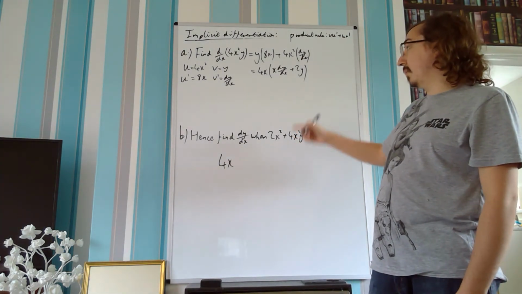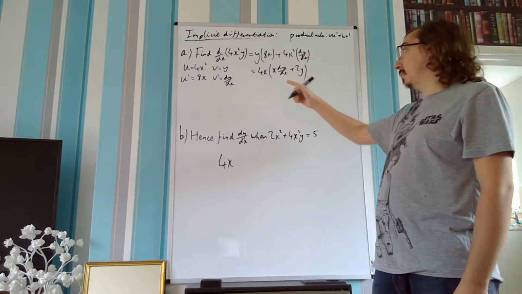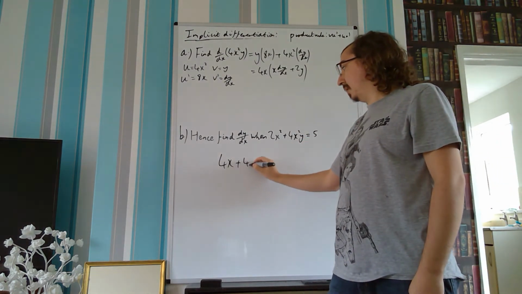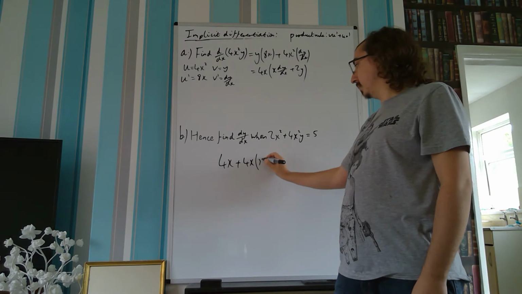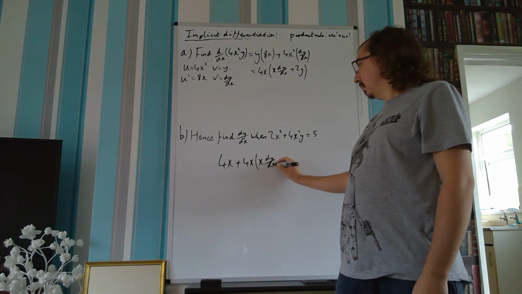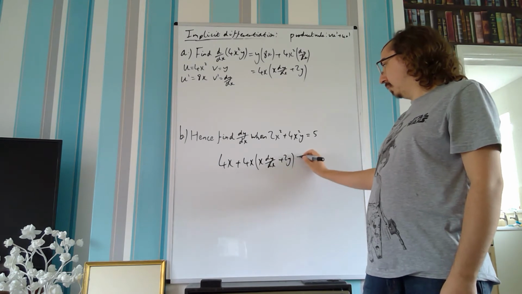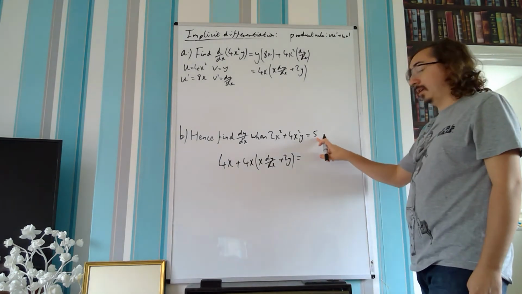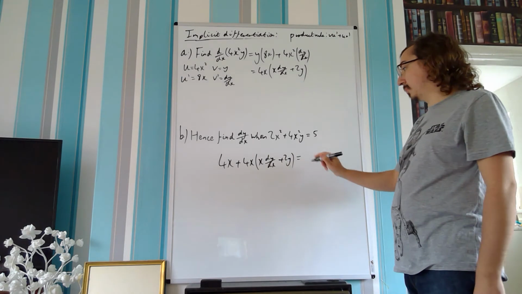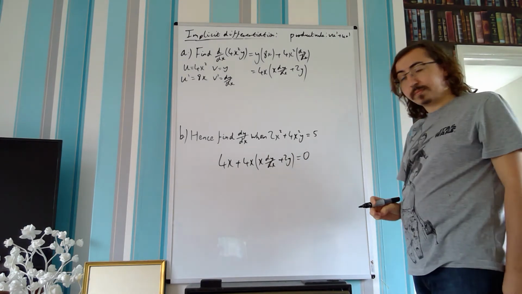Well, we've worked out the differential of 4x squared y with respect to x, so we can put our solution there. So 4x times x dy by dx plus 2y is equal to, and the differential of 5, a constant with respect to x, is 0.